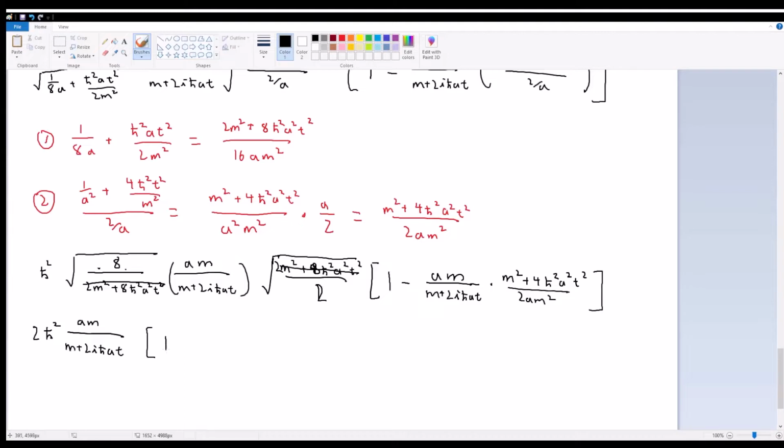And then we have 1 minus, and let's see, we have am at the top, which cancels out with the am at the bottom. So this becomes 1 over, and then we have just 2m.